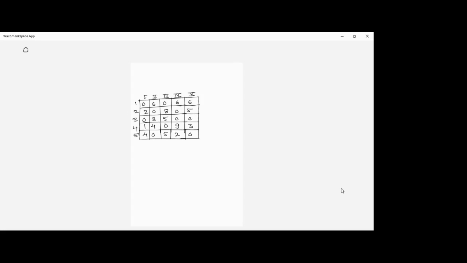The first row consists of 2 zeros, so it is not possible here. Second row consists of 2 zeros, again it is not possible here. Row number 3 consists of 3 zeros, again not possible. Row number 4 consists of 1 zero. So we are going to draw a square, and after that we are going to draw a vertical line passing through that 0.